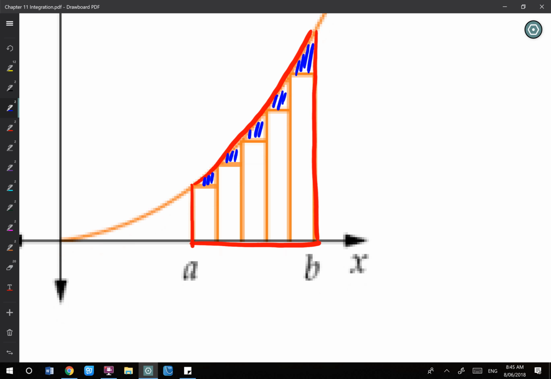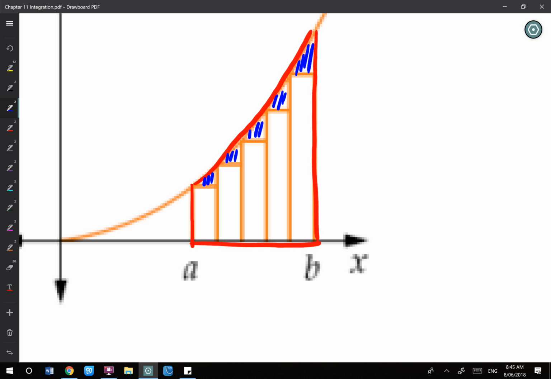But think about if I make more rectangles using the same method. Here's the method I use. First I use the height at A to draw a rectangle with a width of this much. Then from that point I draw another height, with the same width, to create another rectangle.